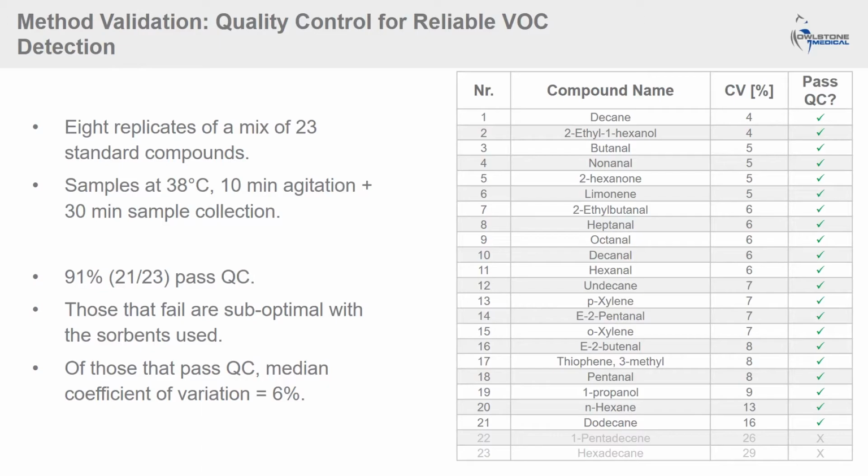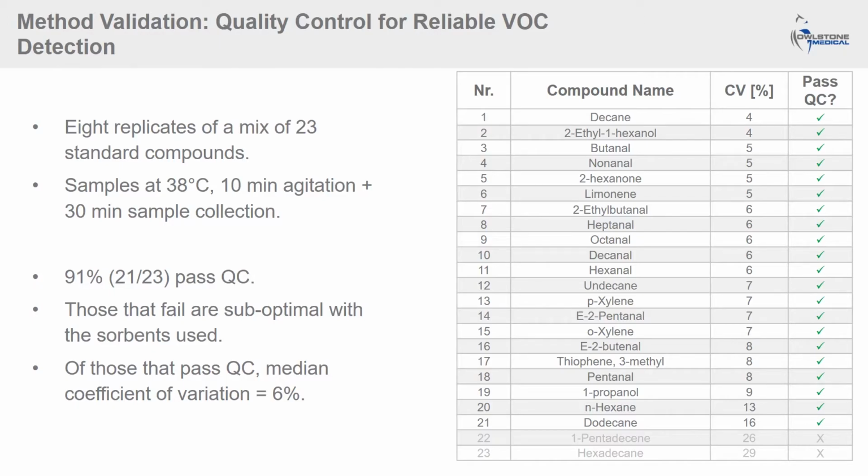There were 2 compounds that did not pass our quality control because they had a pretty high coefficient of variation. Overall, from those 23 compounds, we had a median coefficient of variation of 6%.